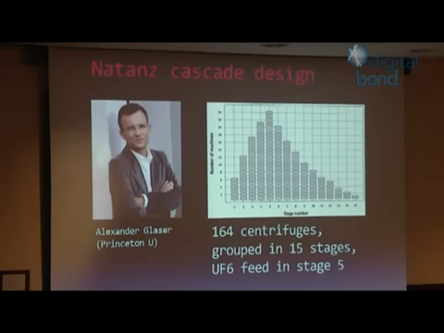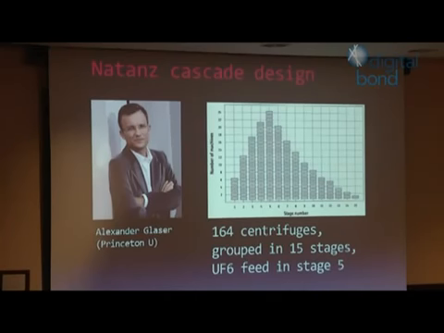So you put in the UF6 here. Here is your product outflow, and here is your waste outflow. So given this, I thought, okay, this is my number 15. How can I relate this to code?